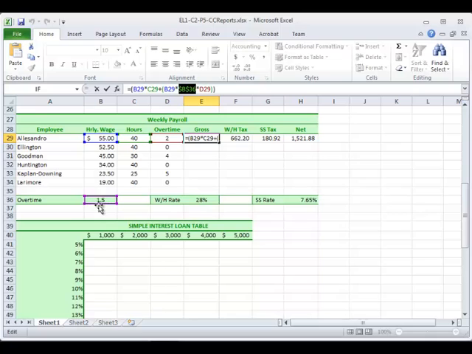So this should not move down as you autofill vertically. So that's why you put the anchor, the dollar sign, in front of a cell reference. Others, B29 should become B30, and D29 should become D30, and so on. So that's how you calculate it.